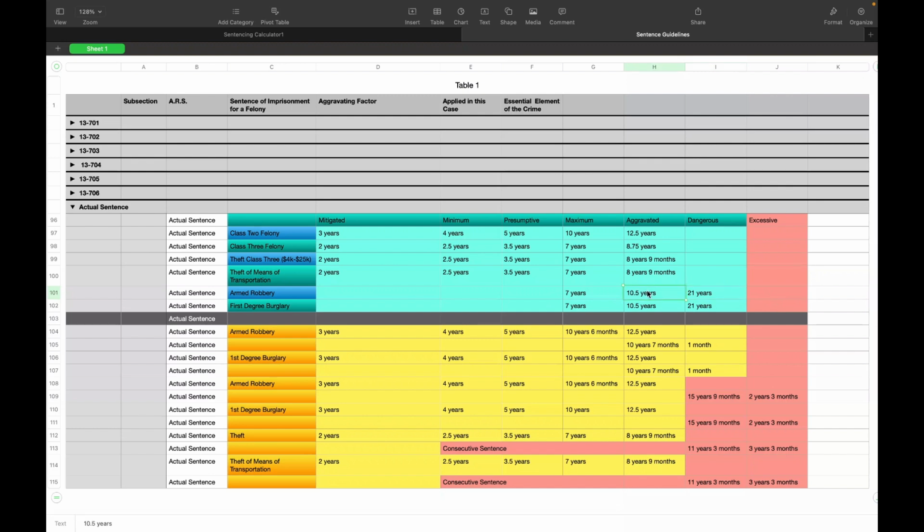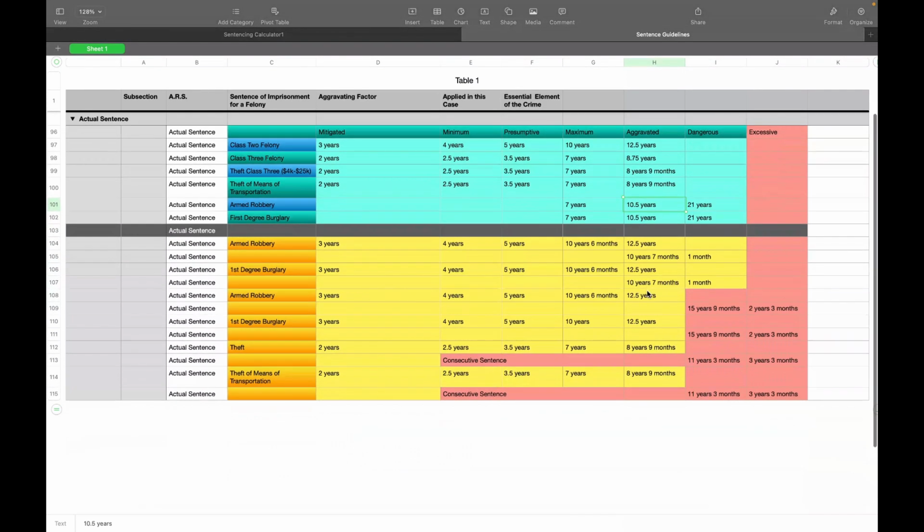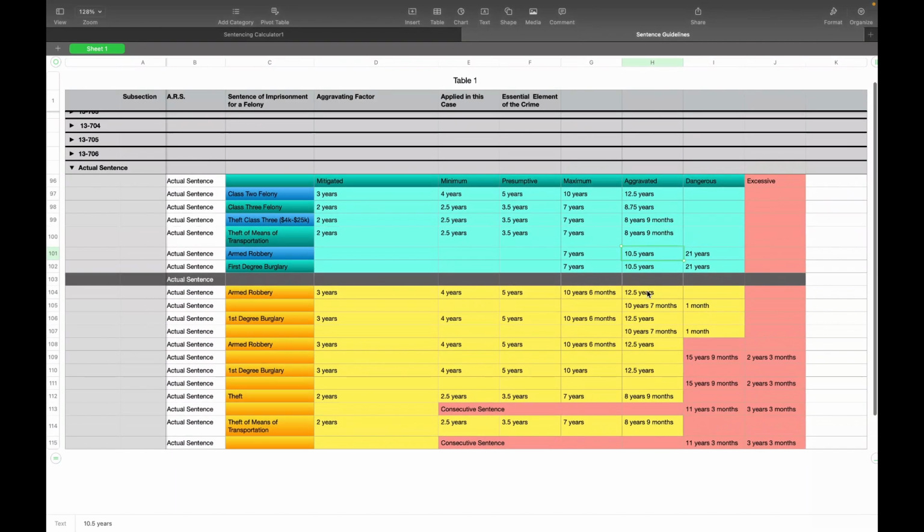And you would base your number on the 10.5. So what happened in this case, again, for armed robbery, your sentencing bracket is going to be 7 to 21 years.